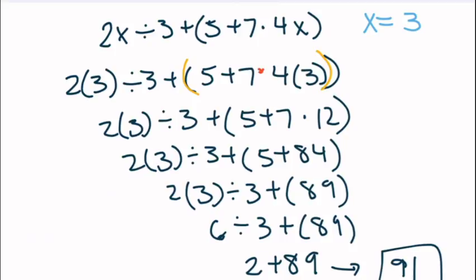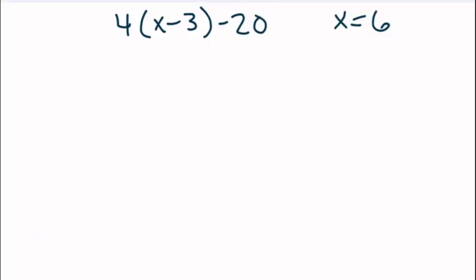Let's do one more problem like this. So, evaluate this expression for when x is equal to 6. So we start off with the parentheses. Oh, sorry, I forgot to mention, you have to plug in 6 for x first.